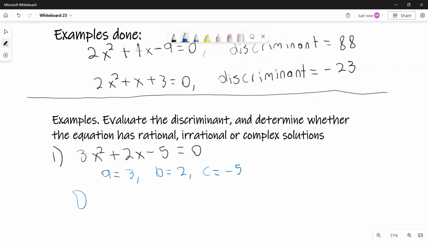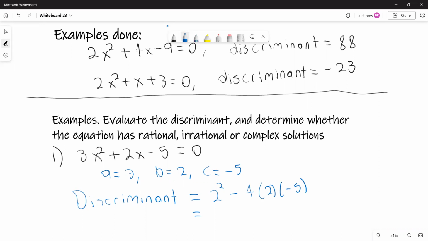The discriminant is b squared minus 4ac. So that's 2 squared minus 4 times 2 times negative 5. 4 times 2 is 8. 8 times 5 is 40.